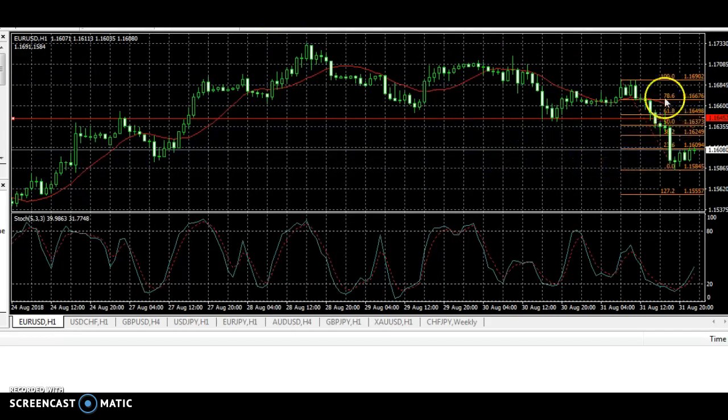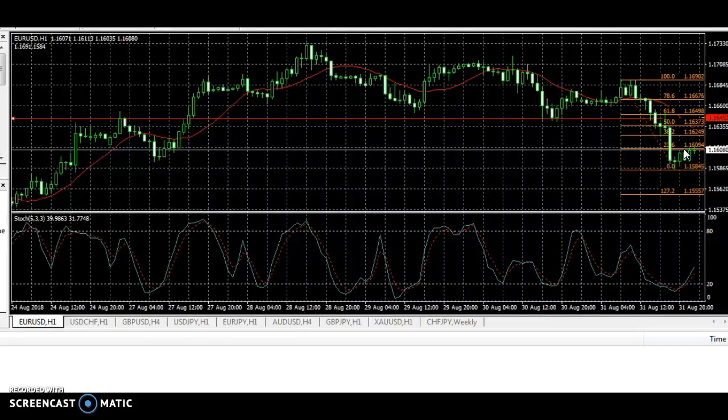This is our Fibonacci tool here, and then we have a price swing from this level, which is a resistance level, and then price formed a new low on the chart here. So we have a nice downtrend up to this level, and then on the Friday, the market pulled back a little bit, and then the market closed.